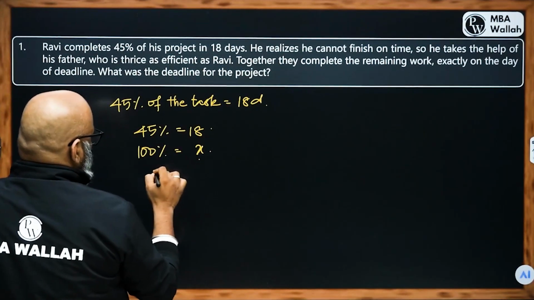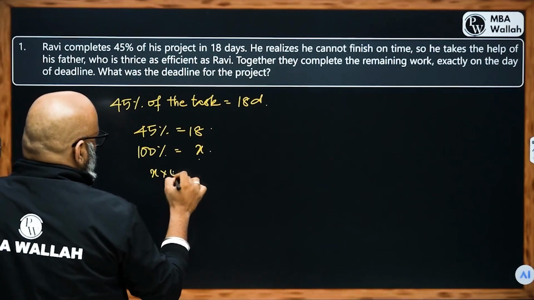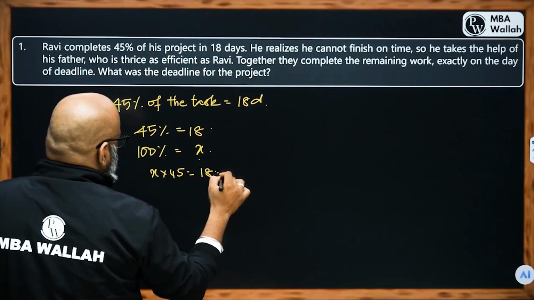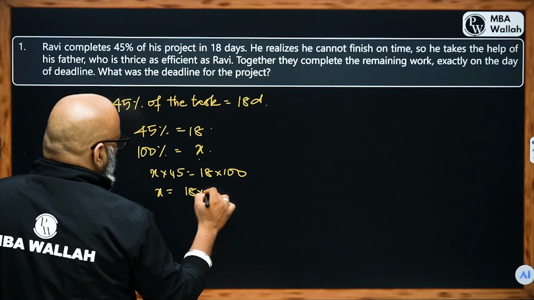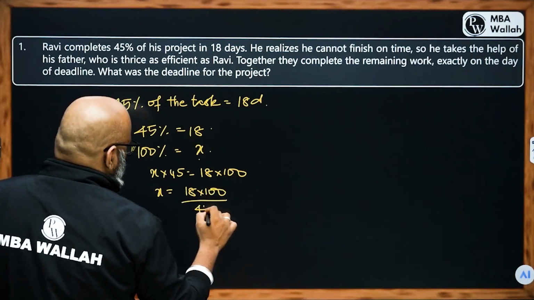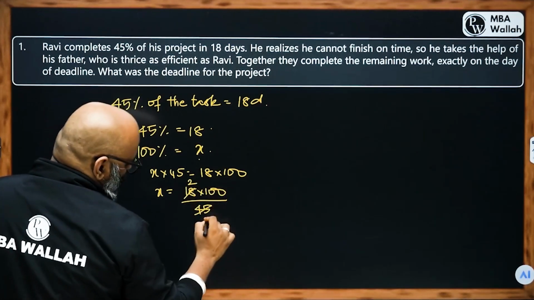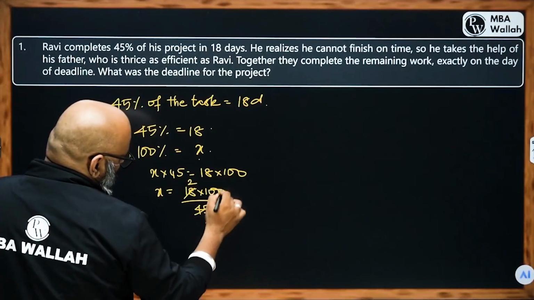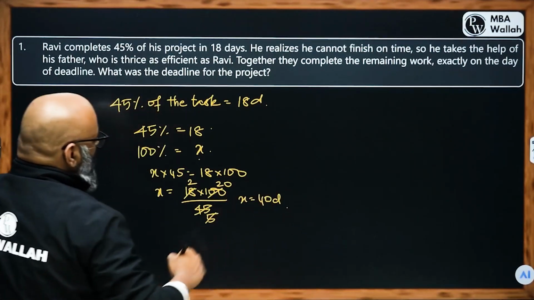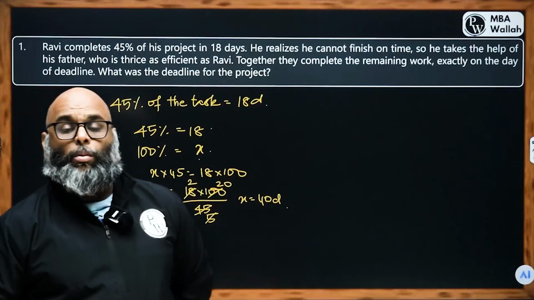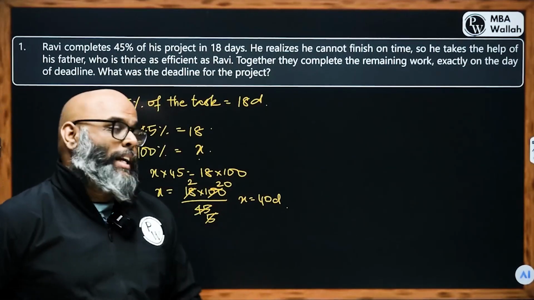We call it x. So x into 45 is equal to 18 into 100. X is equal to 18 into 100 divided by 45. Cancel this, this is 2, this is 5, cancel this, it is 20. So x is equal to 40 days. So the total time taken by him to complete the task is going to be 40 days.